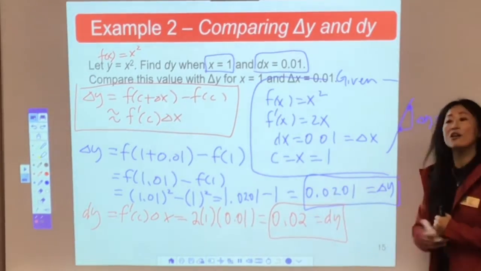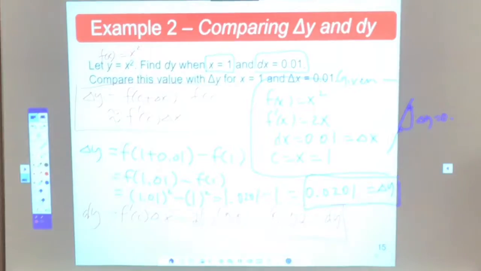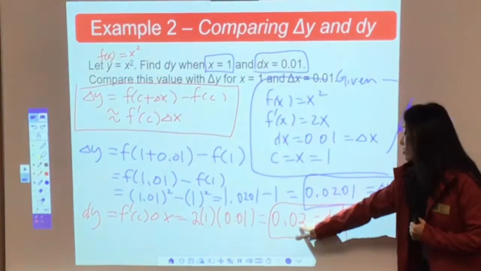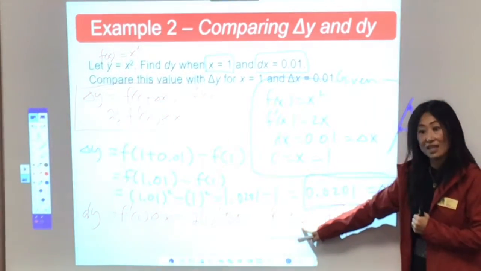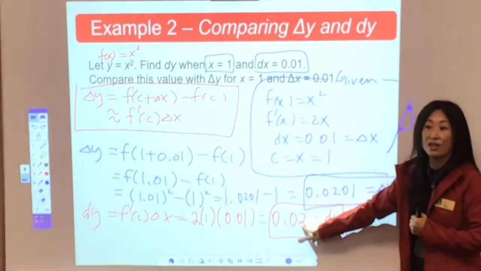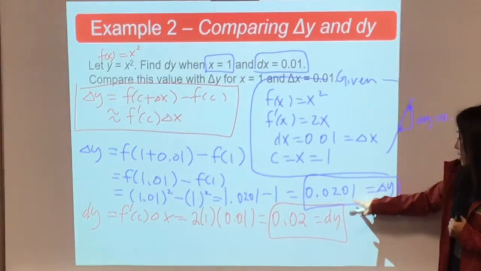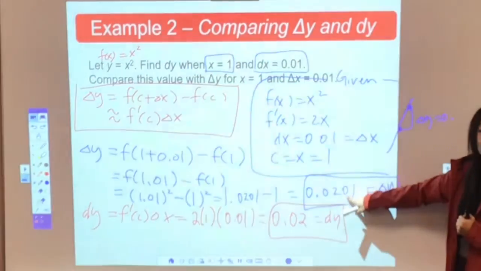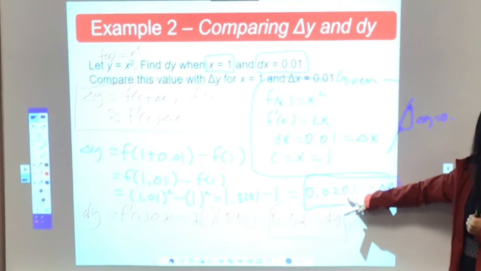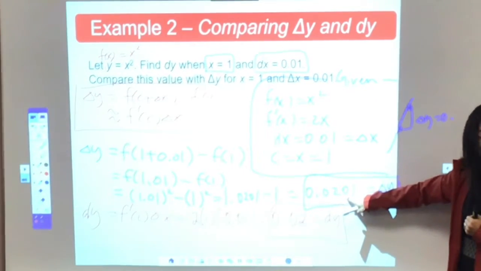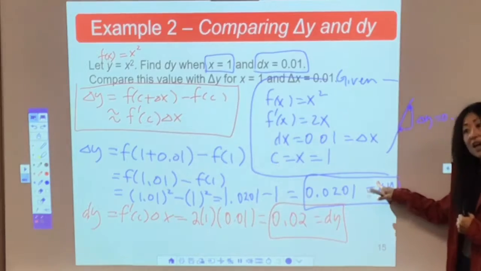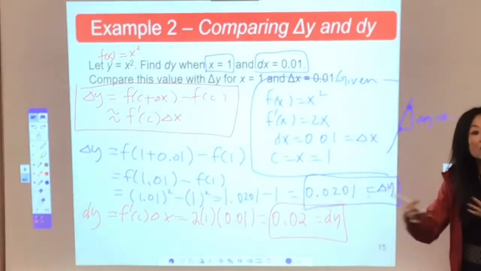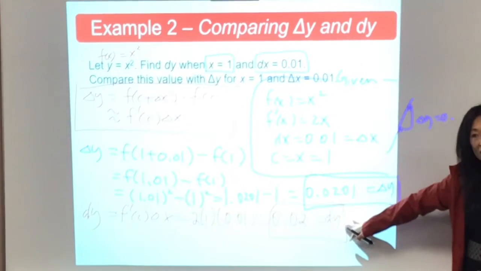Class, can you tell they are very close? They're close up to a tenth and a hundredth. The only difference starts at the thousandth, the third decimal. Did you see that? The delta y is very close to the differential y.